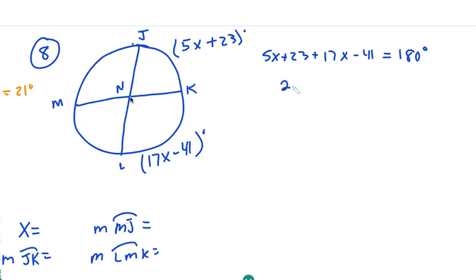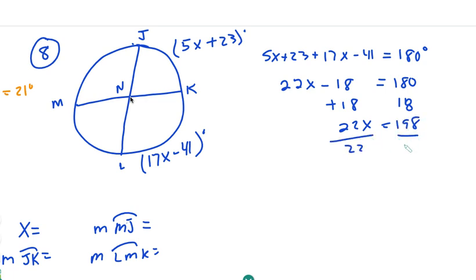Combine like terms, I have 22x minus 18 is equal to 180. Add the 18. So I have 22x is equal to 198. Divide by 22, divide by 22, x is equal to 9. So if I'm looking for x, it's going to be 9.